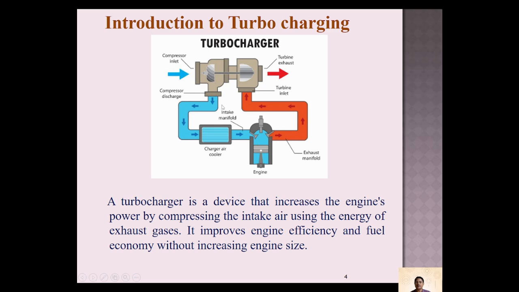This is how the turbocharger works. A turbocharger increases the engine's power by compressing the intake air using the energy of the exhaust gases. It improves efficiency and fuel economy without increasing the engine size.